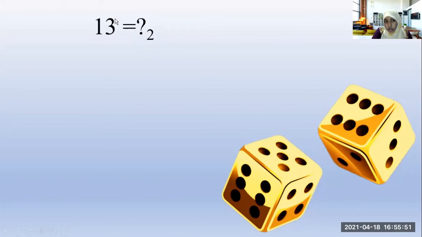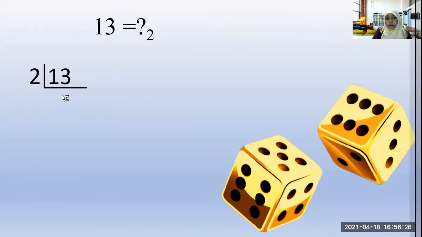When they ask to convert a decimal number into a binary number, into base 2, you should divide 13 by 2, like this. Normally we divide on the other side, but here we are dividing downward. So divide this 13 by 2.